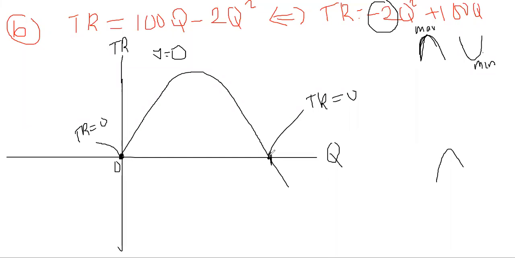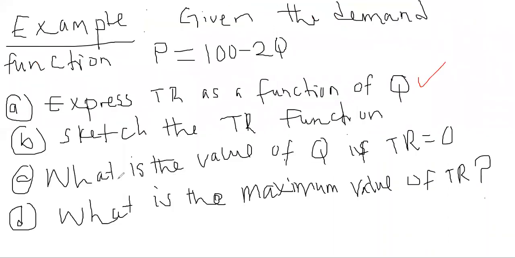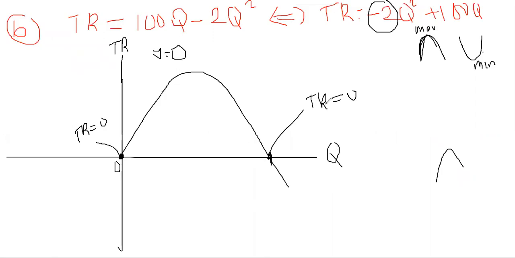We know that here total revenue is 0, and we also know here total revenue is 0. So at what quantity is total revenue equal to 0? This is one of the questions. If we go back, what is the value of Q if total revenue is 0? We want to know the value of Q, that is quantity, if total revenue equals 0.